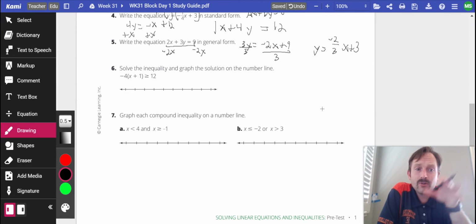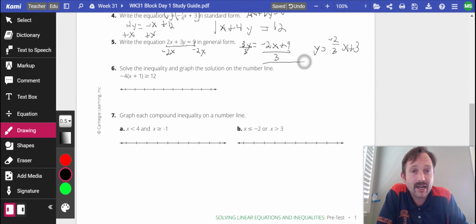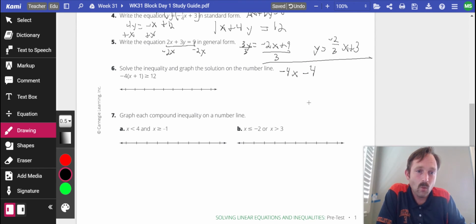Now, we've gone to our current unit that we are learning, the inequalities. So it says solve the inequality and graph the solution on a number line. All right, I look at this negative 4. I know that I could divide both sides by negative 4. But let's use the distributive property. So if I use the distributive property, I'm going to multiply negative 4 to the x and negative 4 to the 1.